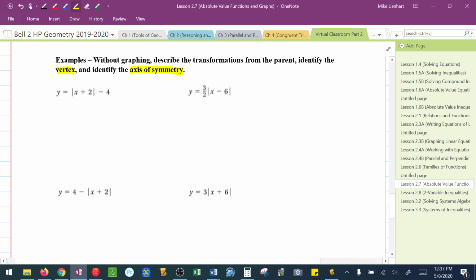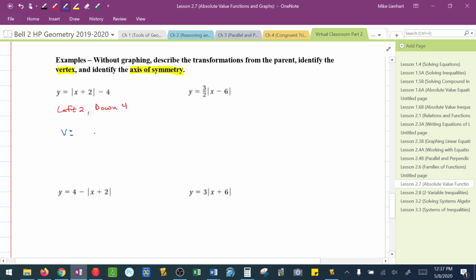So when I'm looking at these equations, the first thing I want to do is focus on left, right, up, or down. So in this first one, I know that the plus 2 is saying left 2, and the minus 4 is saying down 4. Now, those are the only movements that we have, so I'm going to go now and identify the vertex. The vertex is supposed to be at 0, 0.